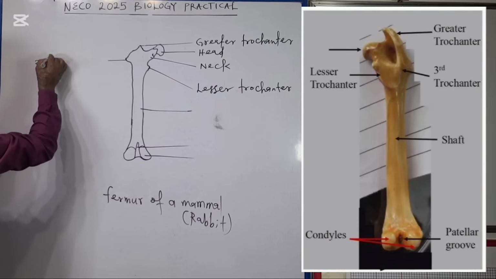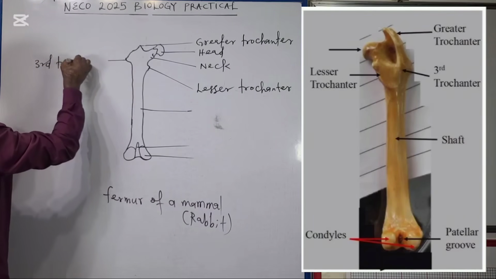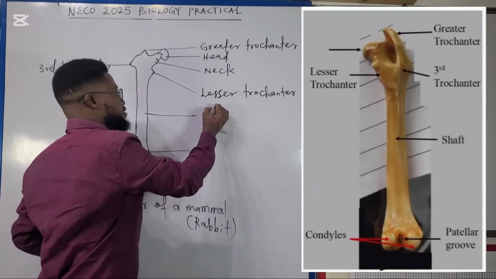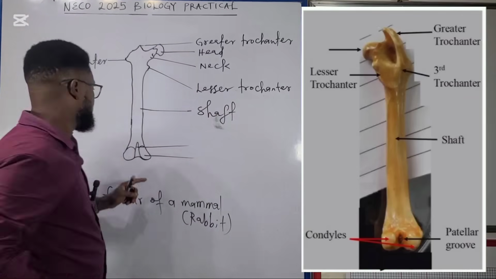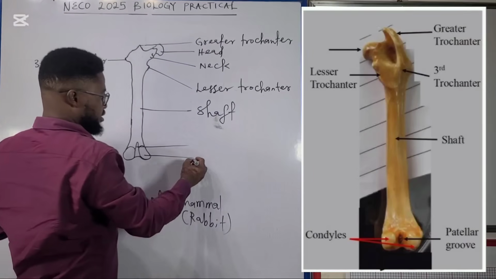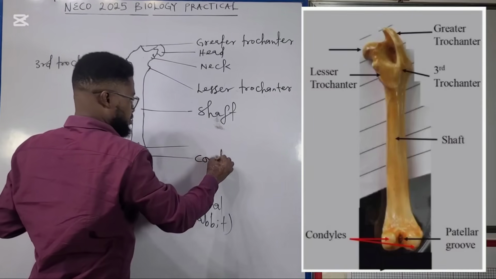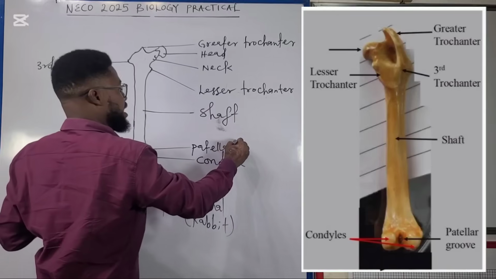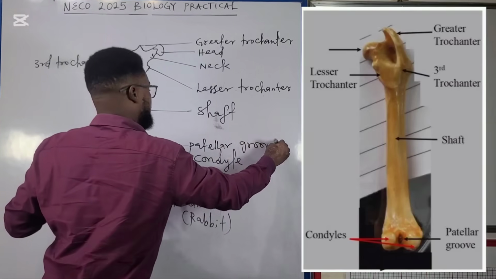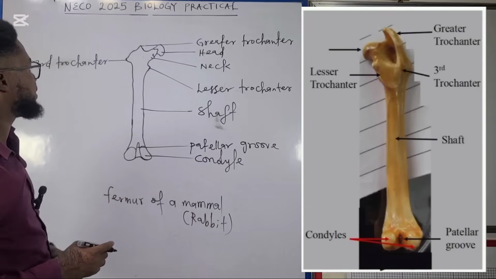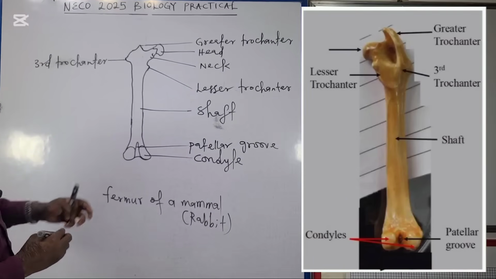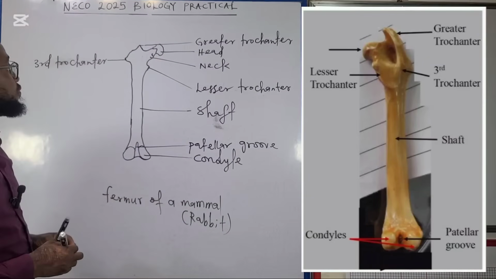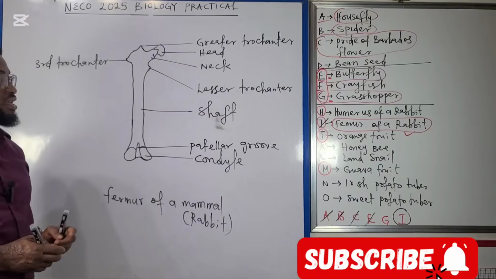This here is the third trochanter. This here is our shaft. This here is our condyle. This here is our patellar groove for the patella. So this is just about the important landmarks for the femur of a mammal, specifically a rabbit.